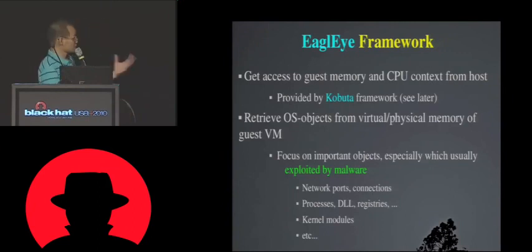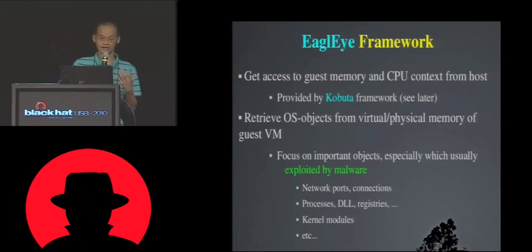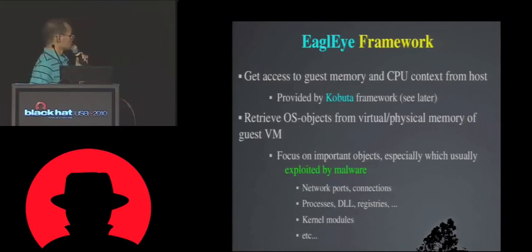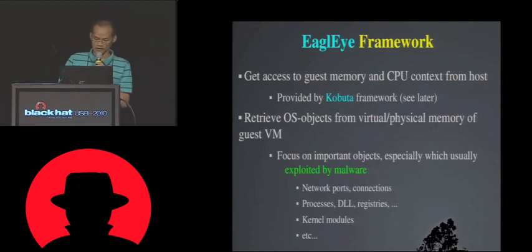After that, once we can access the memory and CPU context, we need to get the OS objects from the memory of the guest virtual machine. And because we are focused on malware, we focus on getting the objects that can be exploited by malware, like network ports, connections, processes, DLLs, registry, kernel modules, and so on.